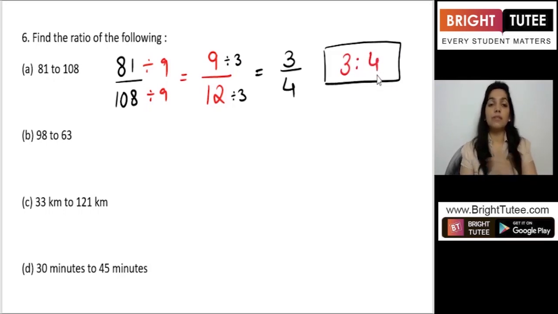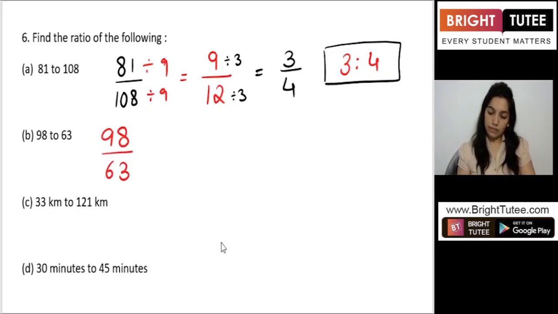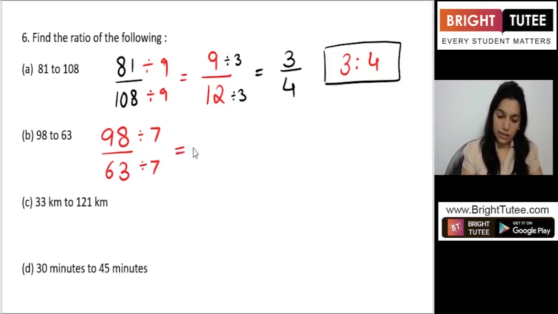Clear? Now let us find the ratio of 98 to 63. Let us see if we can divide both these numbers by any number. Clearly we can see that 63 and 98, they both are divisible by 7. So here if we divide 98 by 7, the answer is 14.